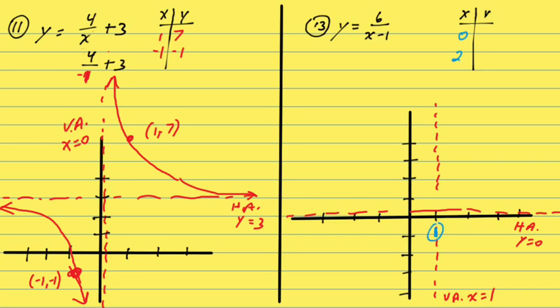Now we're going to plug in a number on either side of 1, such as 0 and such as 2. 0 is to the left of 1, 2 is to the right of 1. If I put in a 2, 2 minus 6 over 2 minus 1 is negative 4 over 1, or negative 4. So that's 2, negative 4. If you put in a 0, I think you get a negative 6. So 0, negative 6.